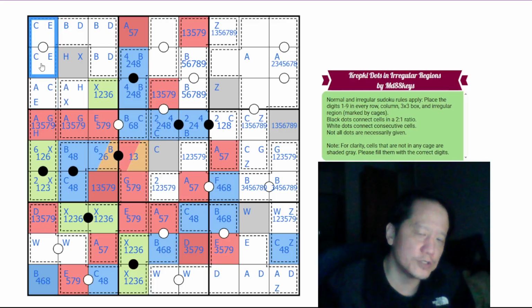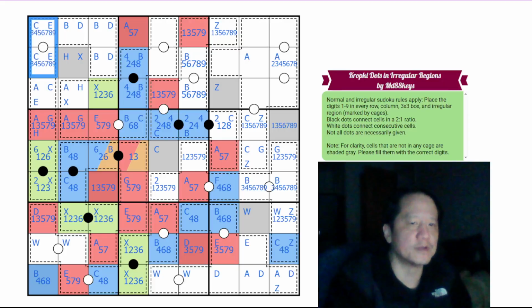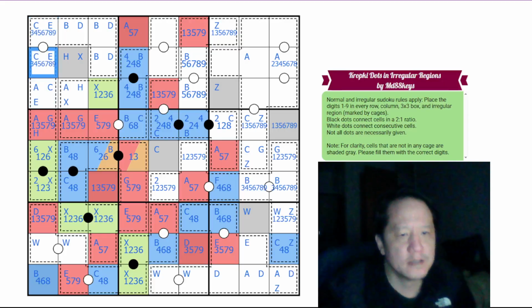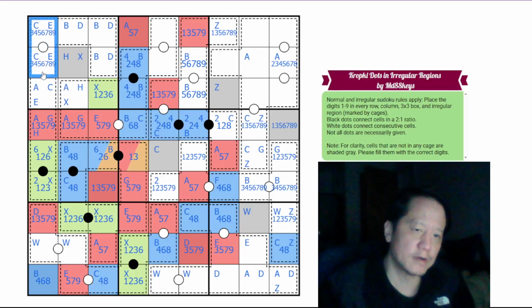And if it's 1, 2, that would not work. So this cannot be a 1, 2 pair here. So this has to be 3 through 9. Oh boy. There's so many possibilities. It could just be a CE as a pair there.